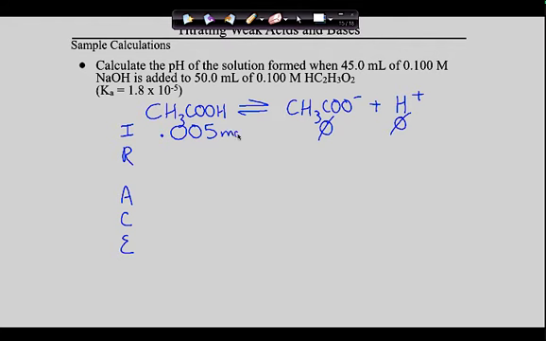So this is moles. So this would be minus 0.0045 moles. But then, guys, this is plus 0.0045 moles and plus 0.0045 moles. Yes? No? Is that right?